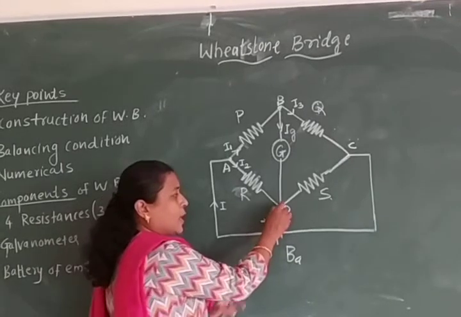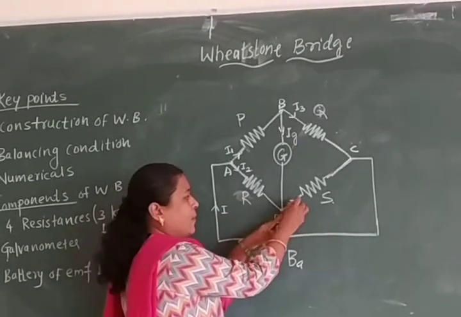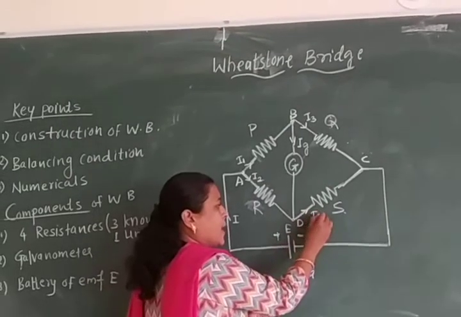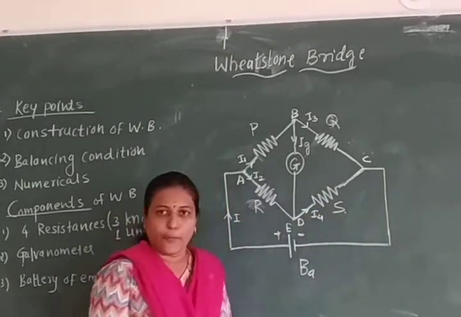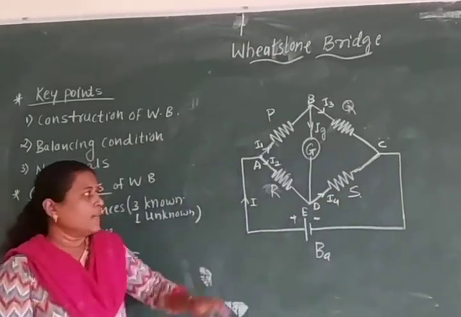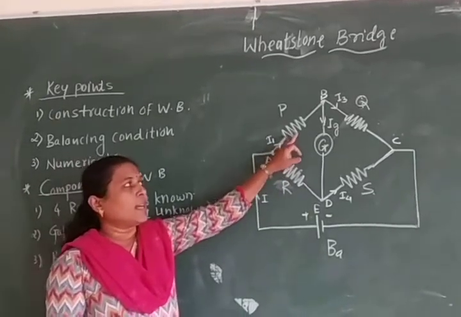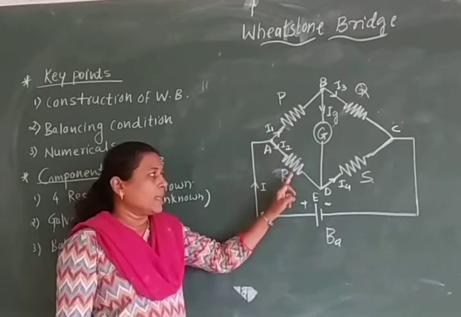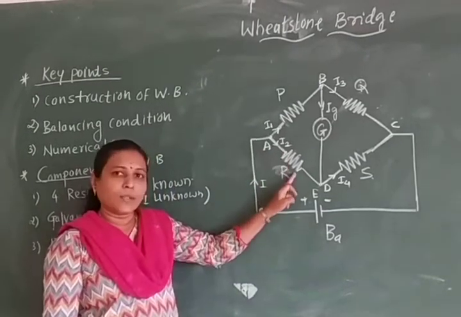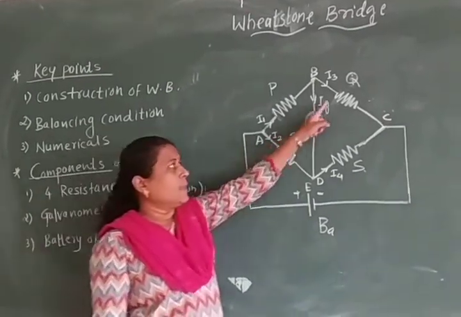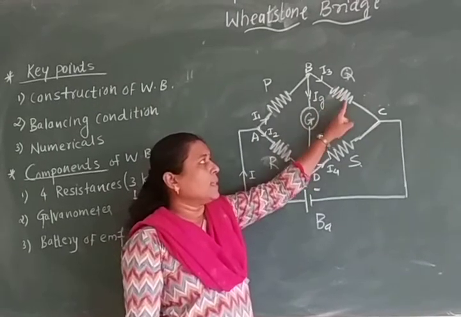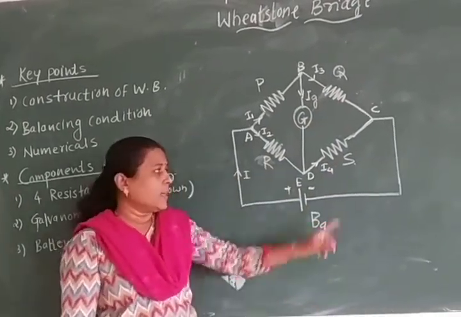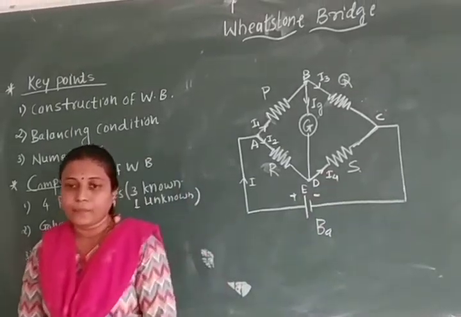They add up here, and one more current flows along the resistance S, that is I4. Now we can say that I1 is the current through the resistance P, I2 is the current through the resistance R, I3 is the current through the resistance Q and I4 is the current through the resistance S.